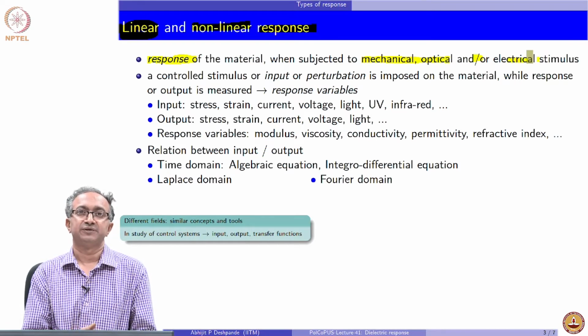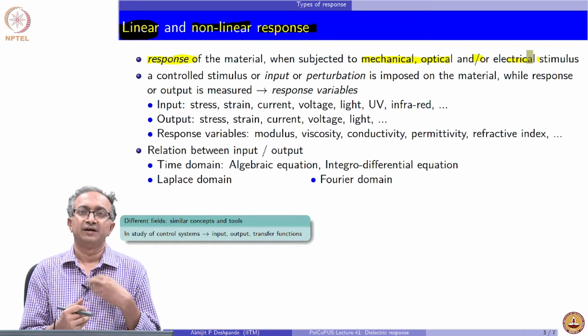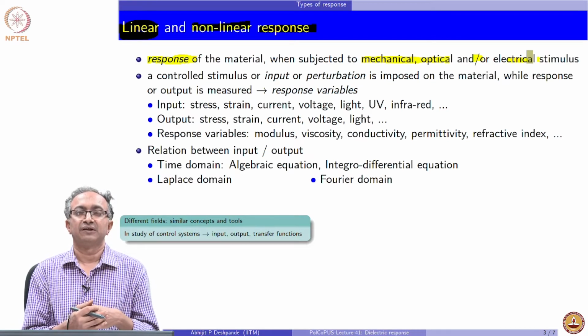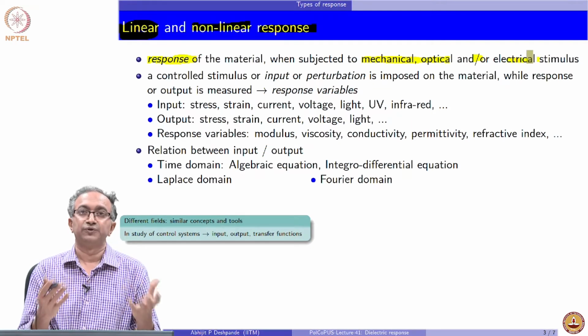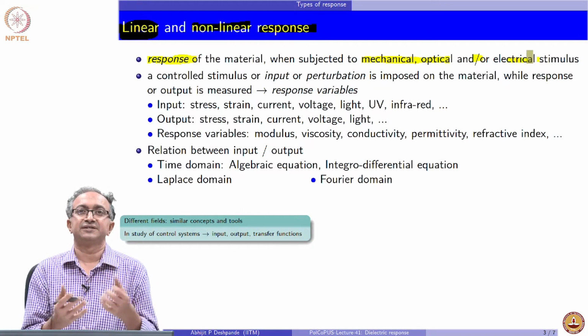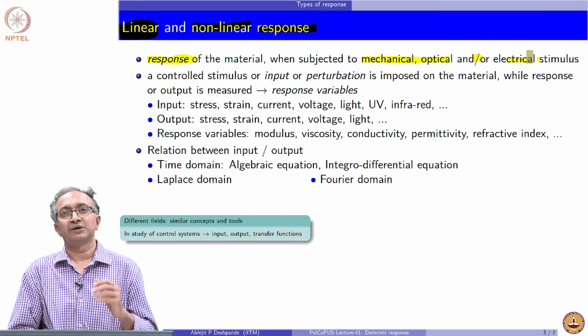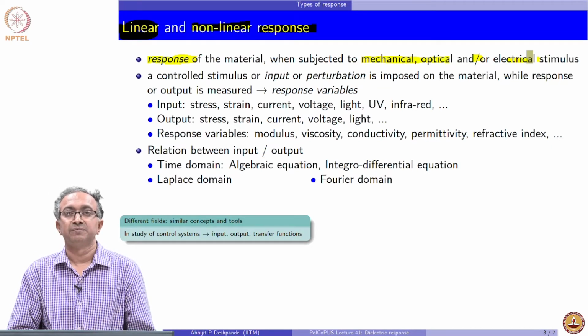It could be electrical stimulus, it could be mechanical stimulus, and when we say stimulus here, we are basically saying apply a voltage or put some load on the material or impinge some radiation, light or UV radiation on it. So, basically these are stimuli that the material can be subjected to, and our interest is in finding out what is the response given by the material.